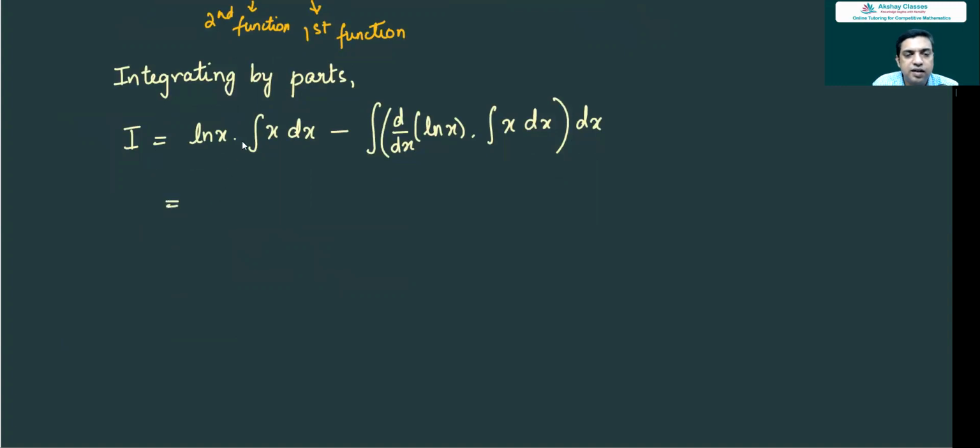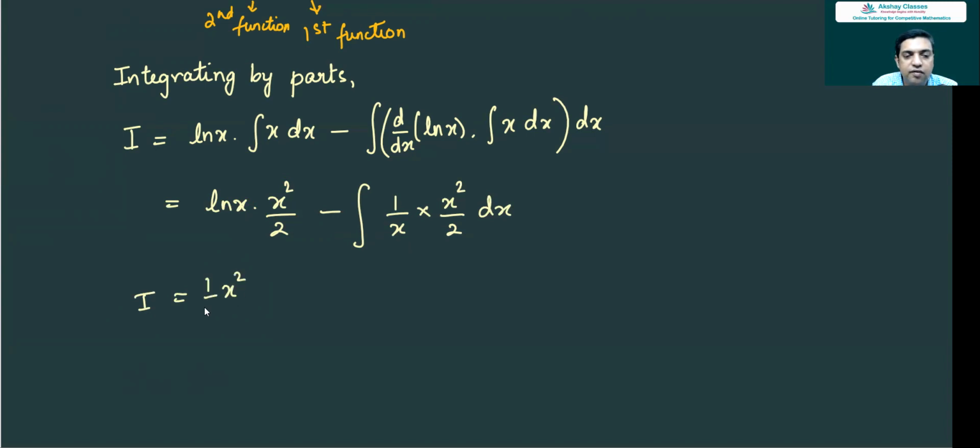So we get log x into x square upon 2 minus integral of derivative of log x is 1 upon x and integral of x is x square upon 2. So this makes it easy.